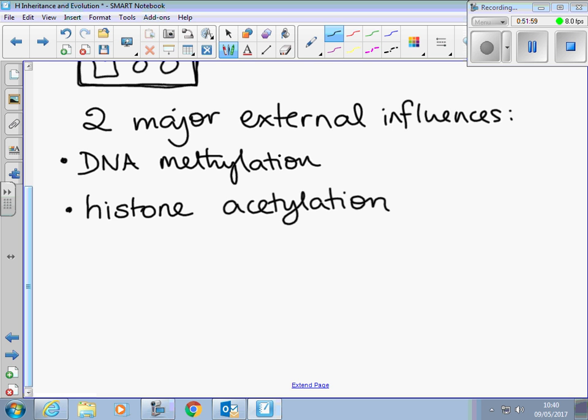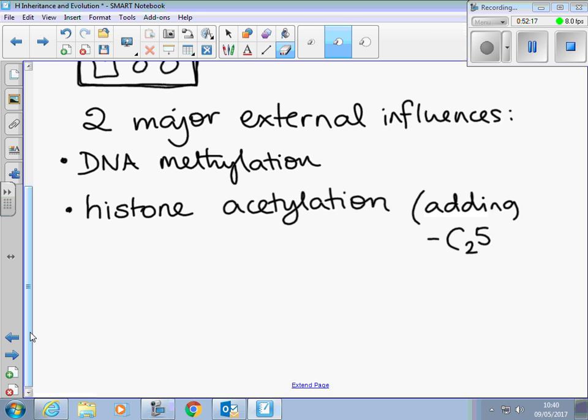So it's just these groups being added to other aspects of the genome. Well, it's outside the genome. Yeah. So it's adding C2H5 groups, jumping ahead of myself.